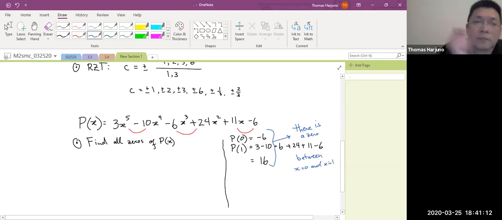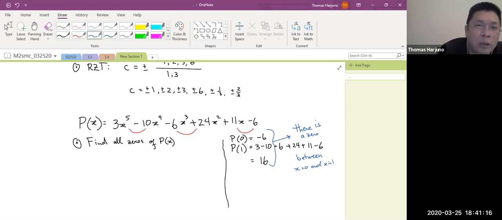I don't know what that is, but we will check either 1/3 or 2/3 later on. I will do it later.